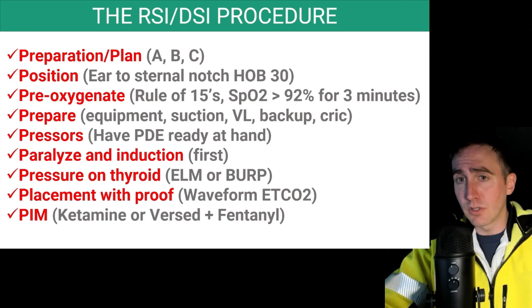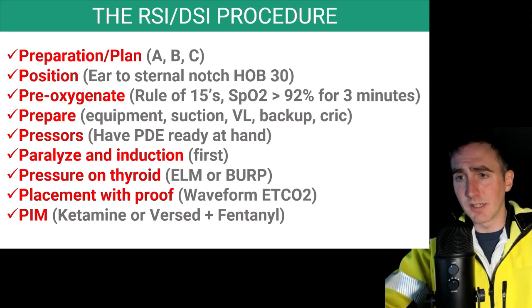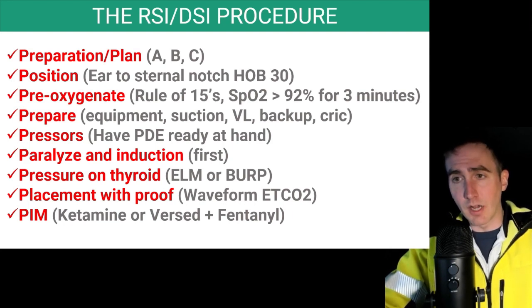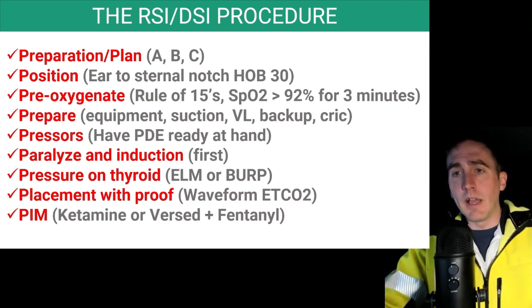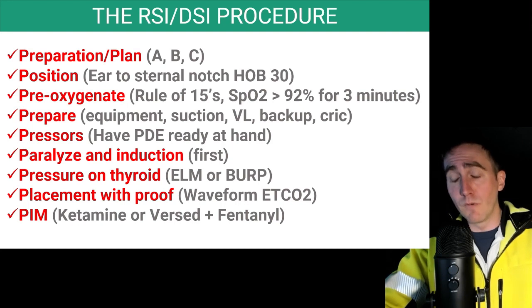Second P is positioning, of course, ear to sternal notch with the head of the bed at least 30 degrees, 30 to 45 degrees. This applies to pre-oxygenation as well. Now, if a patient is having trouble breathing and they're on BiPAP, we're going to sit them upright as we're trying to optimize them. And then once we have induced them and we've paralyzed, we are going to remove that and put a BVM on their face, plus or minus squeezing that BVM.